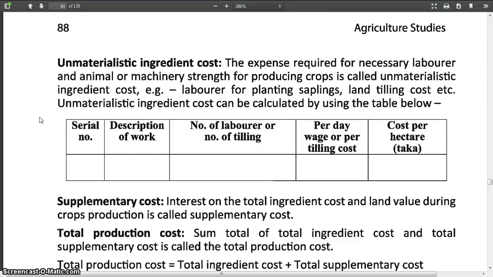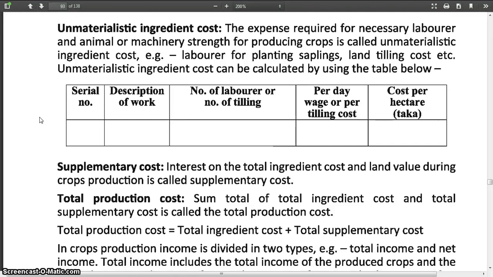Example, labor for planting sapling, land tilling cost, etc. Unmaterialistic ingredient cost can be calculated by using the table below. Serial number, description of work, number of labor, number of tilling, per day wage or per tilling cost, cost per hectare.